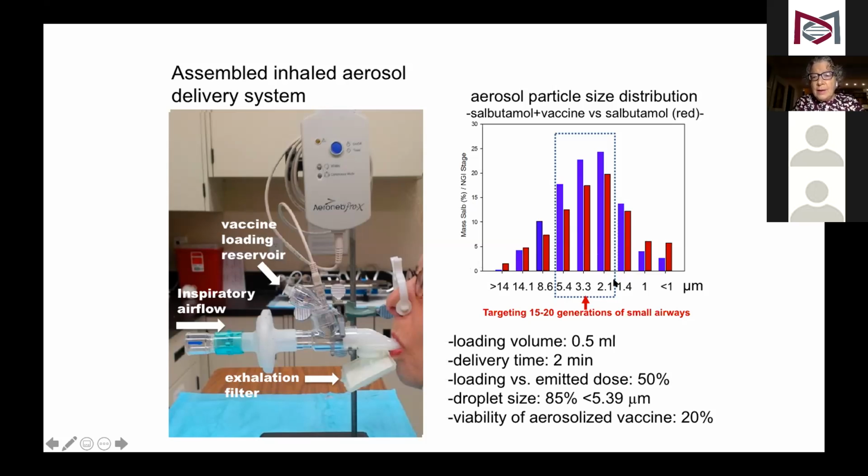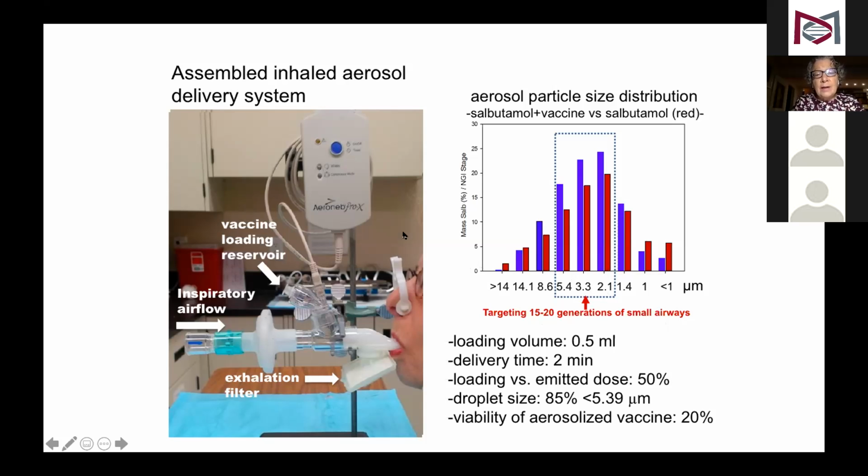And you can see here that the particle size is within the range of 2 to 5 microns. And this is just at that level of the 15 to 20 generations of the small airways, so really quite distally in the lung.